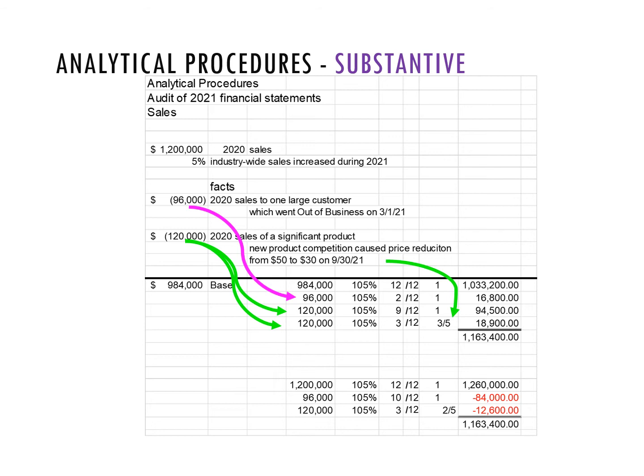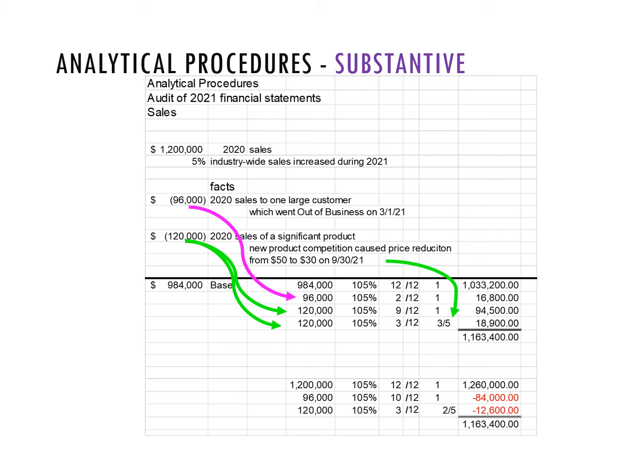So I subtract the sales to the client that went bankrupt and the sales for the product that had a price adjustment, and I get a base of $984,000. Now to that, for the customer that went out of business, I'm going to assume they sold to that customer for a couple of months before it went out of business. So I'm going to add 2/12 of the $96,000 back.